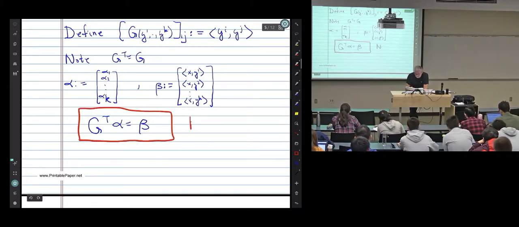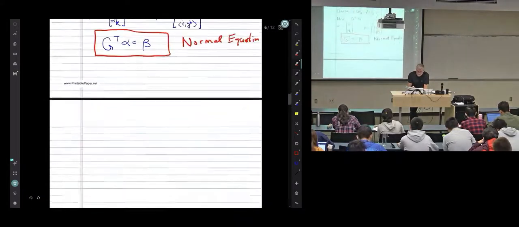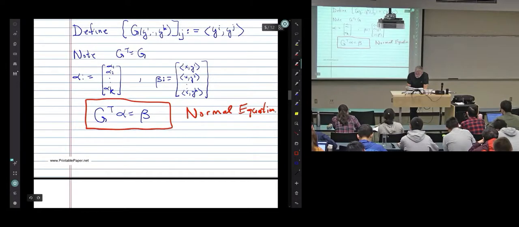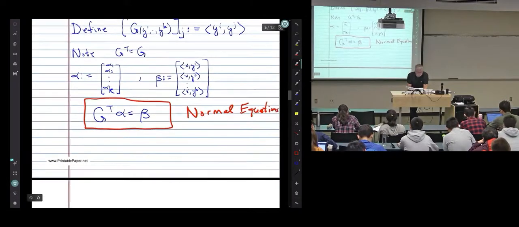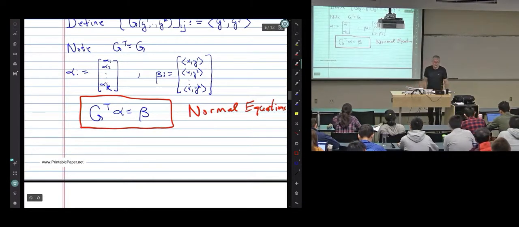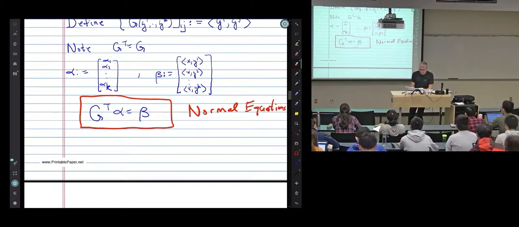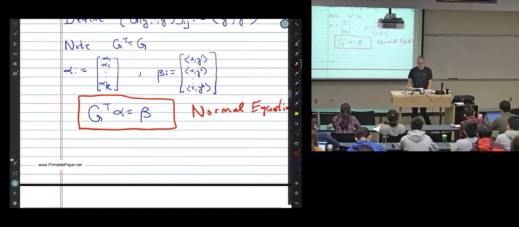And these are the normal equations. Okay, so it's just a matrix form of our simultaneous equations.